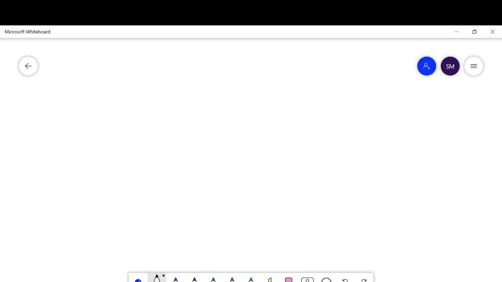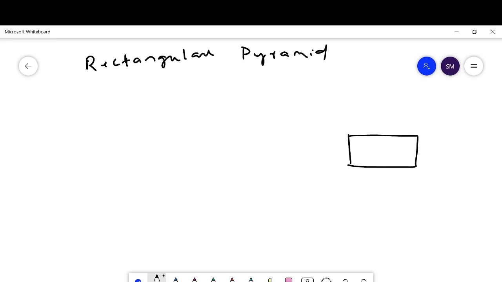rectangular pyramid. This is like a square pyramid, and the same features apply in the case of a rectangular pyramid. Only here the base is a square, and in this case the base is a rectangle, otherwise all these properties are the same. A, B, C, D is a rectangular base, and this is a rectangular pyramid.